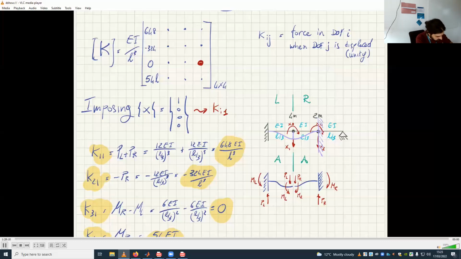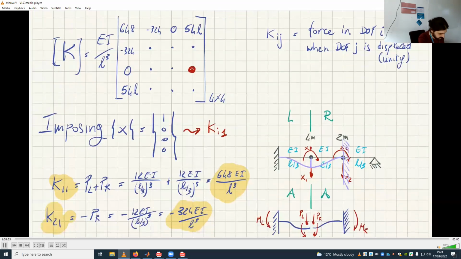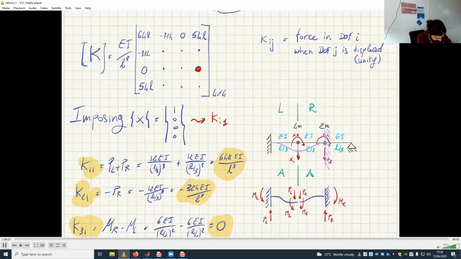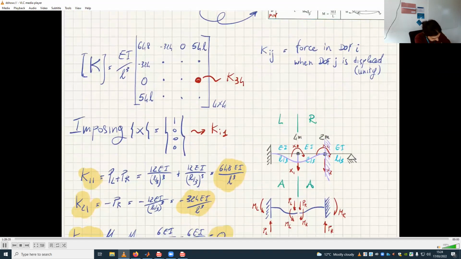Well, first of all, remember that whatever we put on the column, we also put on the rows. Because when you do it, you might find other elements that I'm asking you for. And now to find K34, which is this one, that's the fourth column.